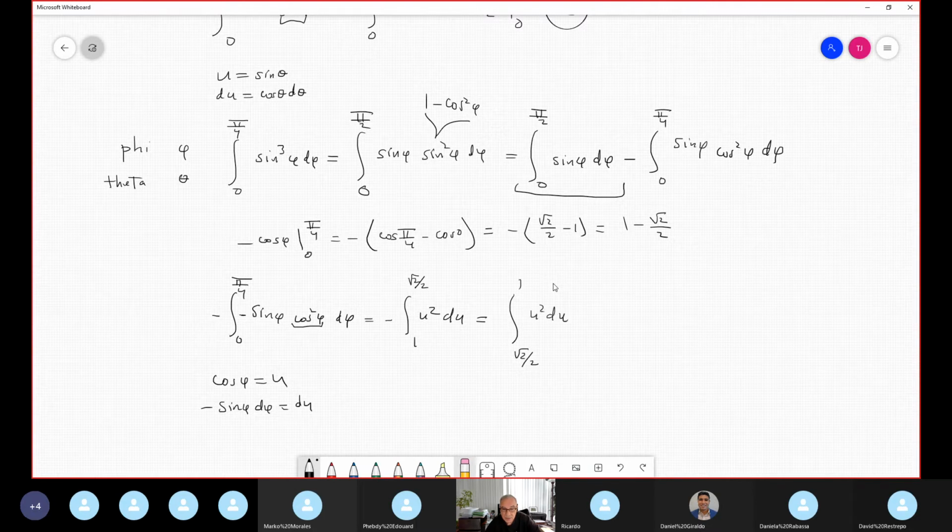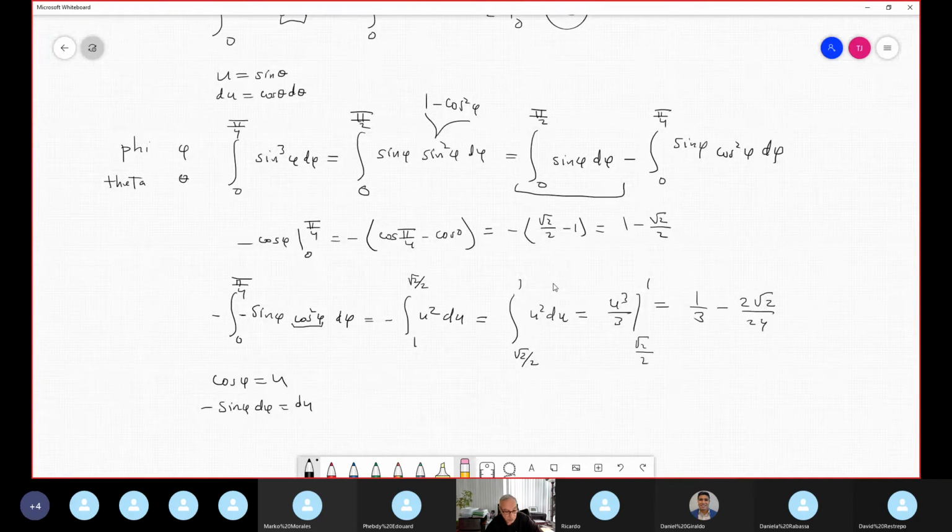And it's pretty easy. This is u cubed over 3, evaluated between radical 2 over 2 and 1. So this is 1/3 when you evaluate, 1 minus, I want to skip the arithmetic part, 2 radical 2 over 24.